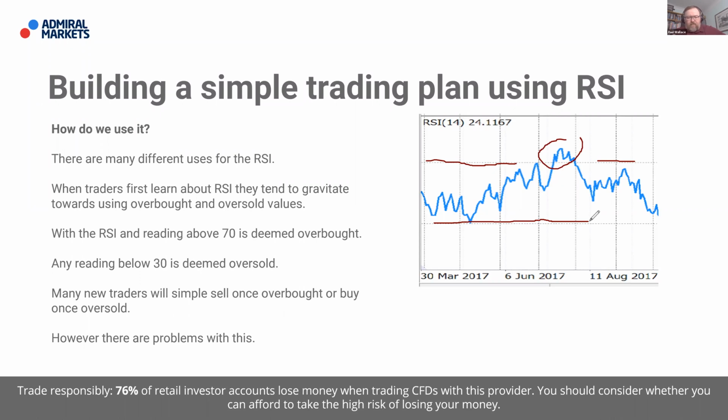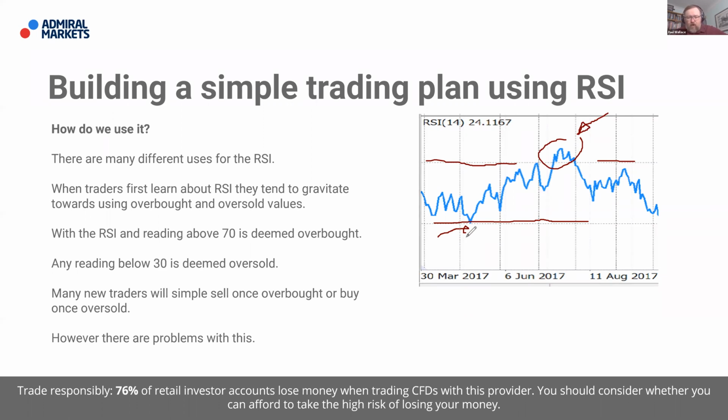But what happens is, many new traders will simply sell a market once it shows that it's overbought, or they will just buy it when it ticks beneath the oversold 30 reading, and they will do that arbitrarily. However, ladies and gentlemen, there are a lot of problems with that, and it's not a way that I would suggest you use RSI.